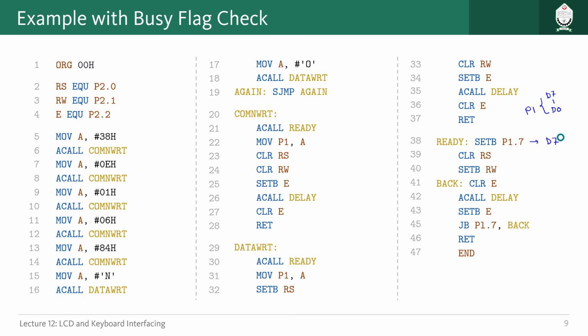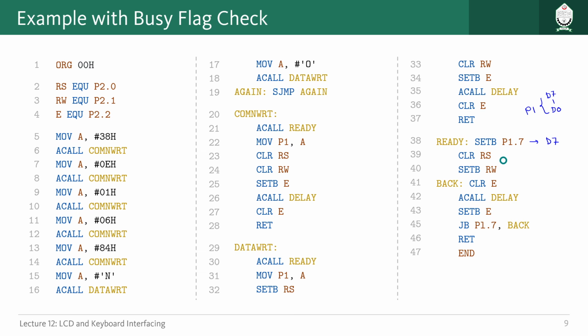We know whenever we want to check the busy flag, that will come from D7 of LCD. So that's why we are trying to first of all set our pin 1.7 to make it an input pin, because we are going to take the data as input from LCD. That's why we have set it.